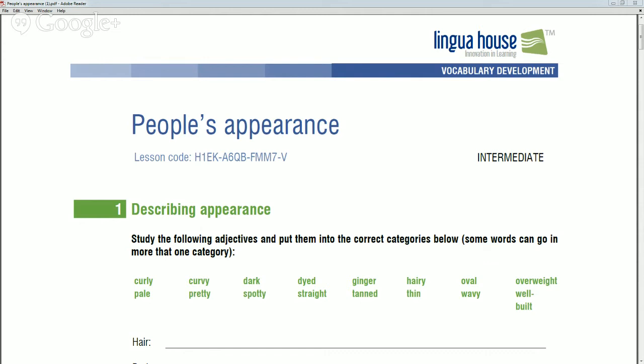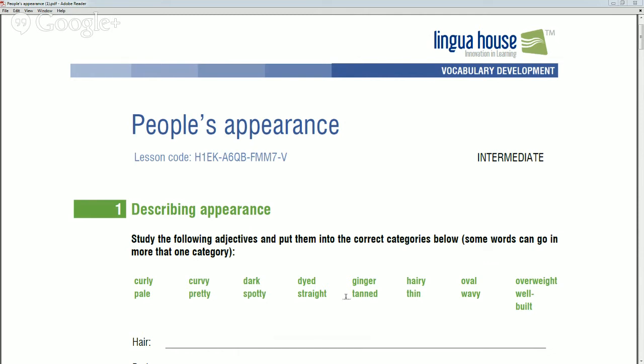So anyway, the topic for this class is people's appearance. Do you see the words on the board? Do you know all of those words? Let me check. Pretty, I know. Pale, dark, curvy, thin, well built, overweight, oval.